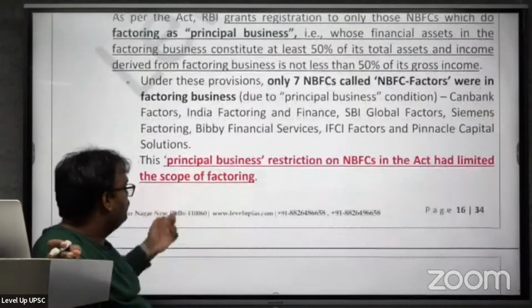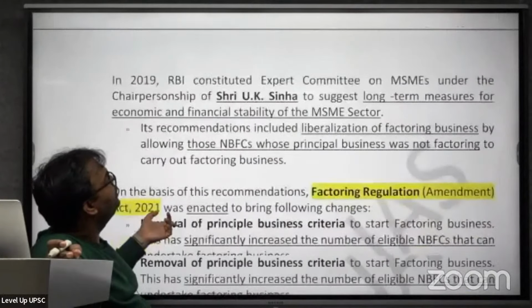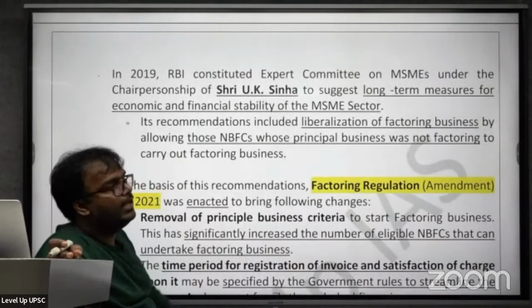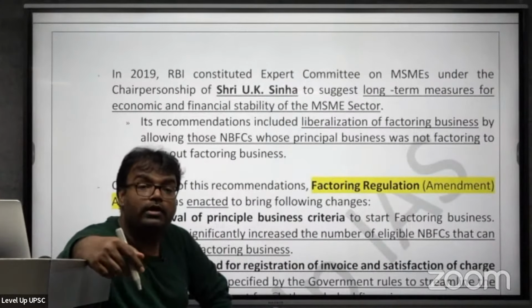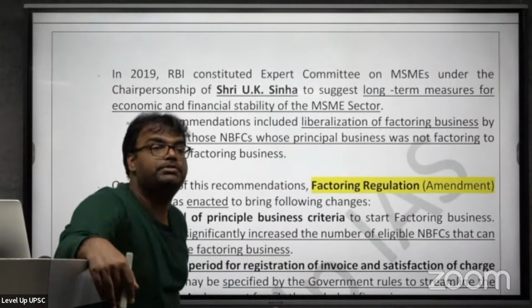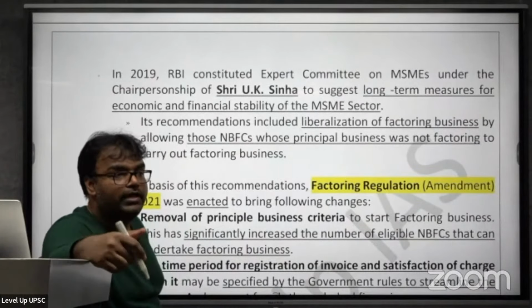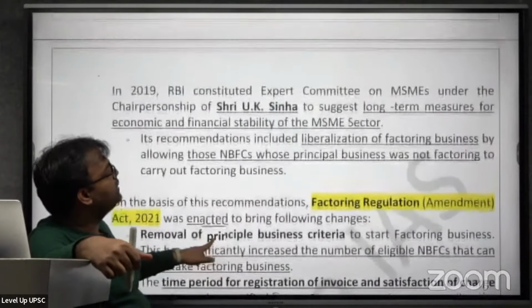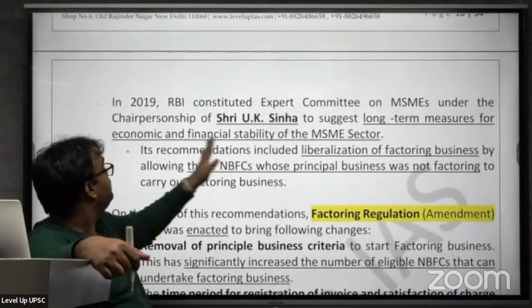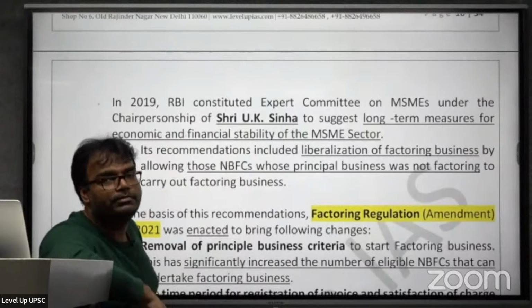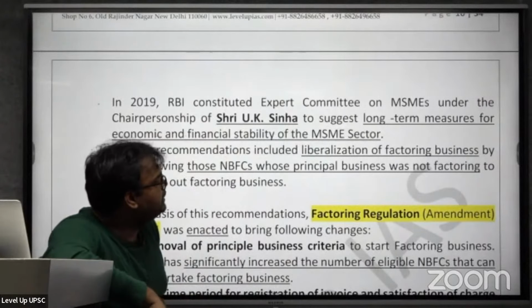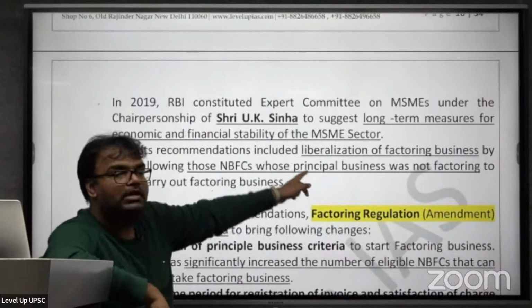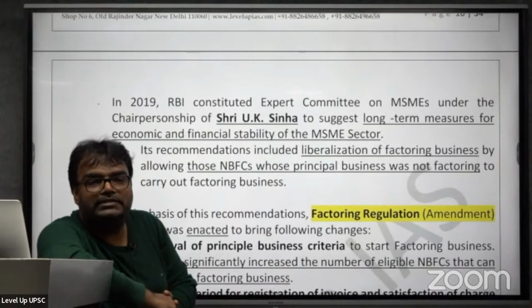Okay, so in 2019, for the MSME sector, to see how the MSME sector could be reformed and supported well, a committee was formed, the UK Sinha Committee. It had to suggest long-term measures for economic and financial stability of the MSME sector. One of its suggestions was liberalization of the factoring business.